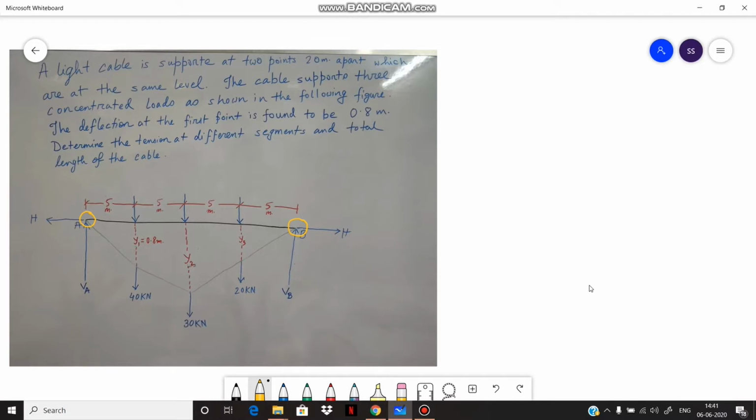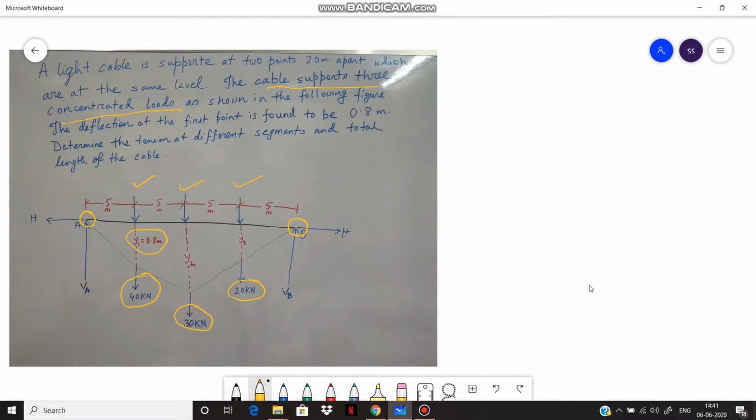The cable supports 3 concentrated loads, that is 1, 2, 3, and those are 40 kilonewton, 30 kilonewton and 20 kilonewton respectively. The deflection at the first point is found to be 0.8 meter. That is, the point under the first load gets deflected by 0.8 meter. Now we have to determine the tension at different segments and the total length of the cable.